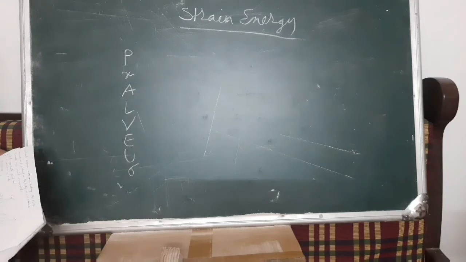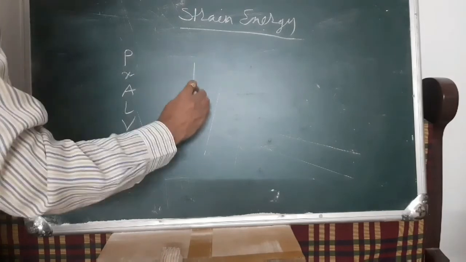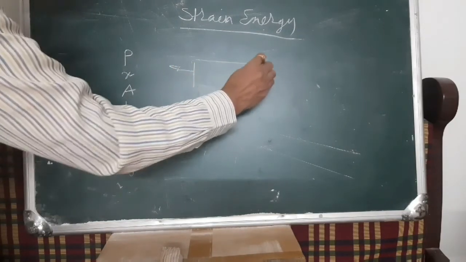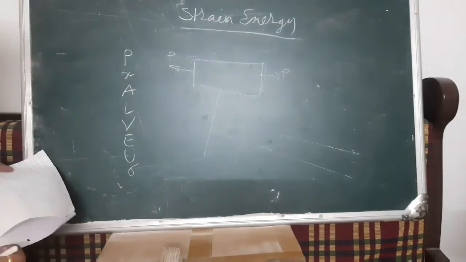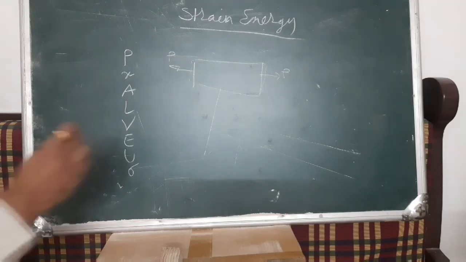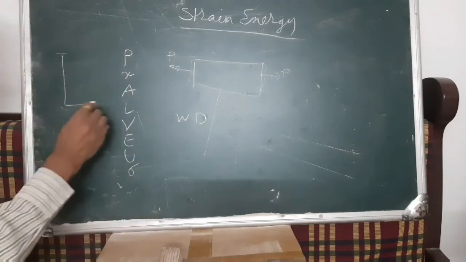Now what happens in that case? If the load is applied suddenly, there will be extension. The same thing will happen in the element. But we have to see that when the load is applied suddenly, the load P is constant and the work done will be the same. We will get the same bar, and there will be extension of the bar.